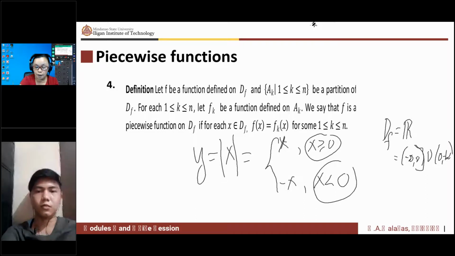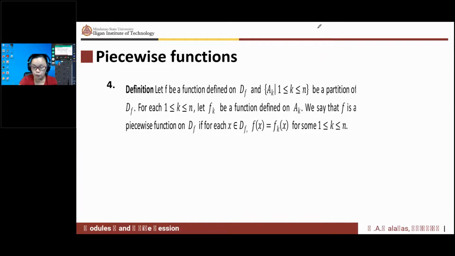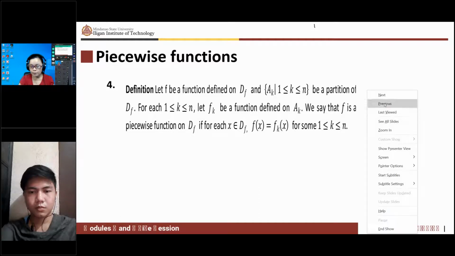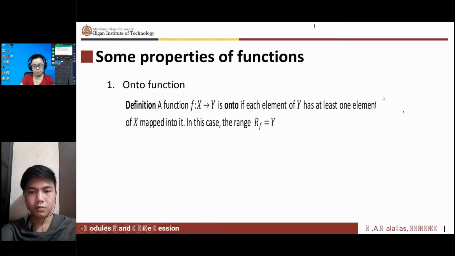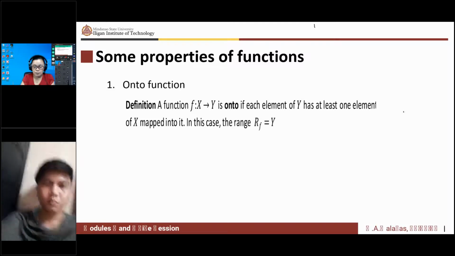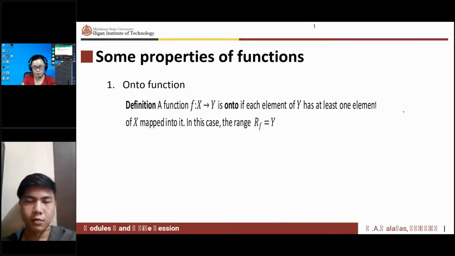Okay, now we go to the properties of functions. So when do we say that a function is onto? A function f is onto if each element of y has at least one element of x mapped into it.